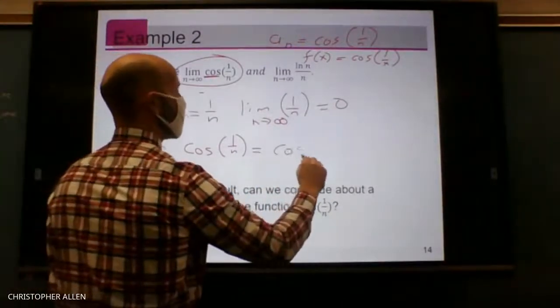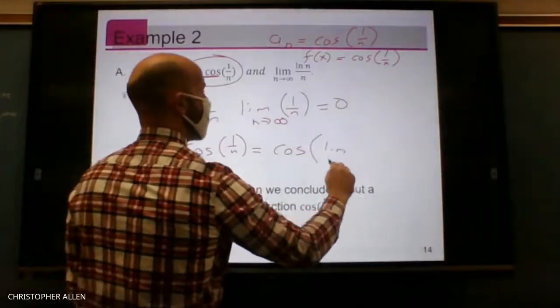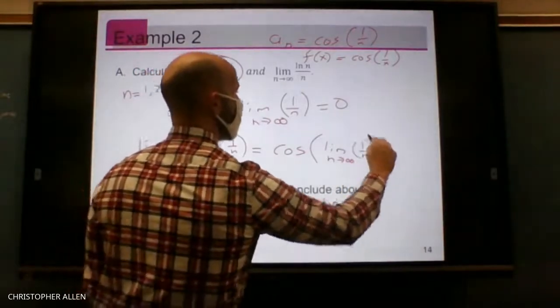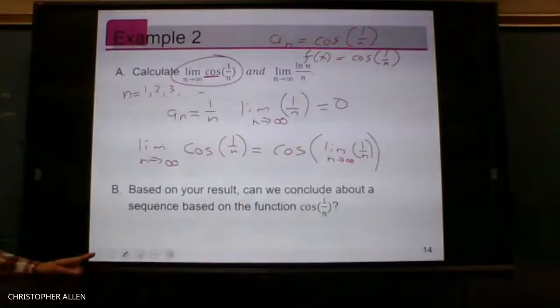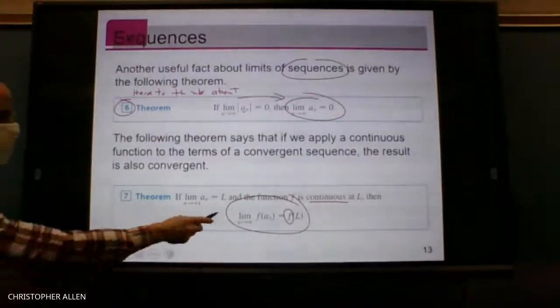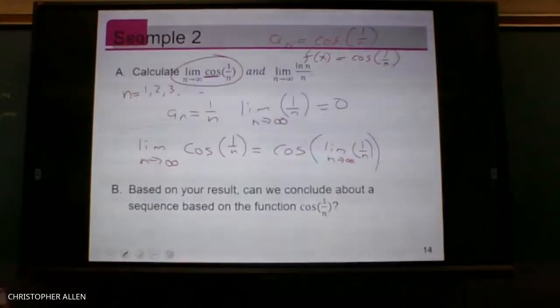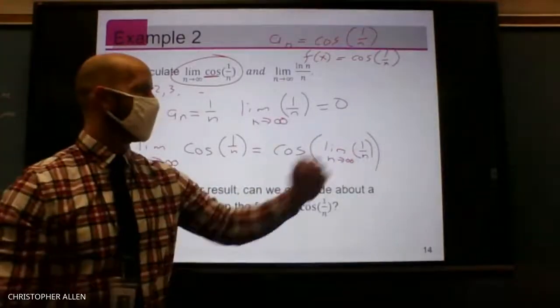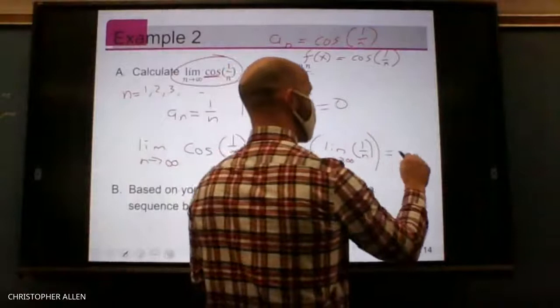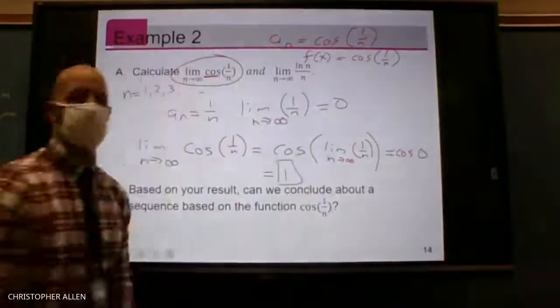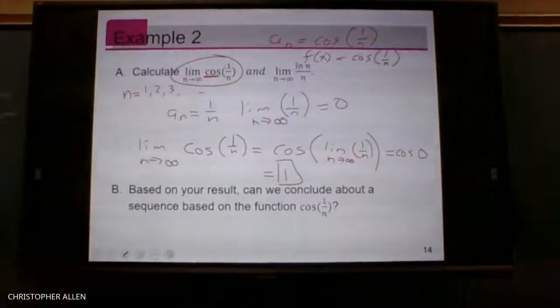I'm going to do the cosine of the limit as n goes to infinity of 1 over n. This is based on this theorem right here. So this is the cosine of 0. What is the cosine of 0? Coincidentally, it's that value we talked about a second ago.